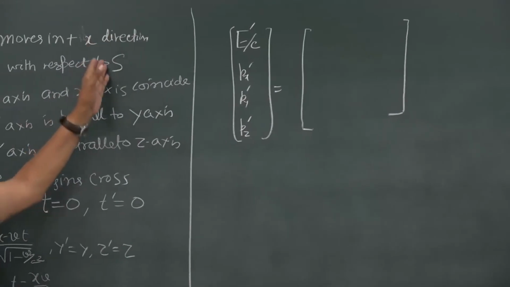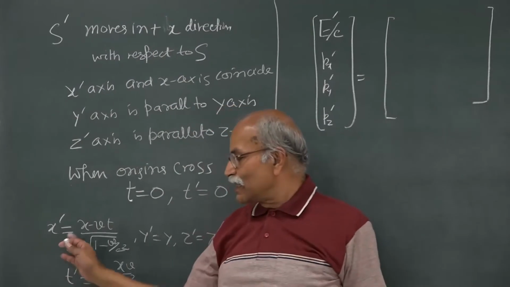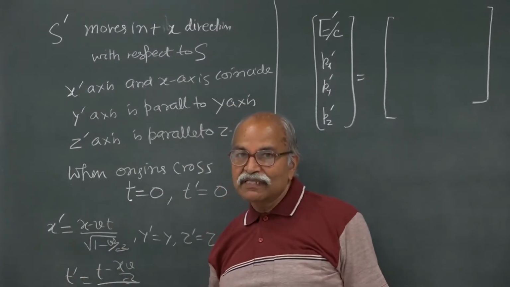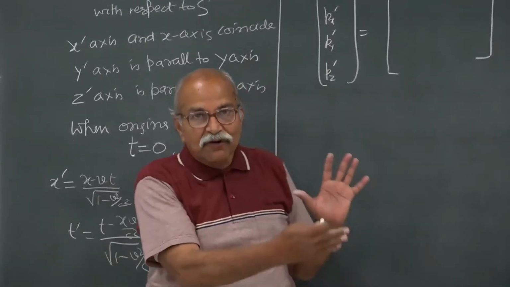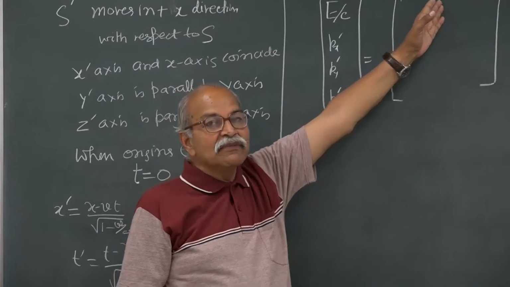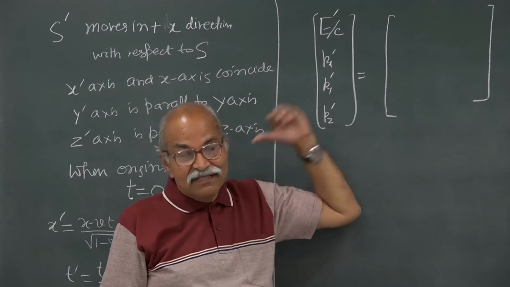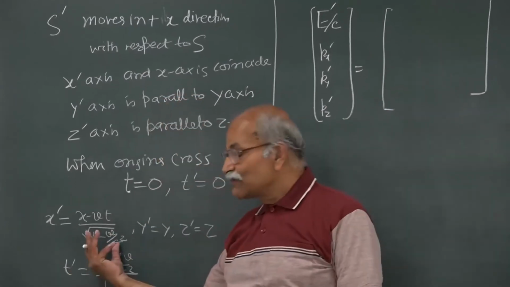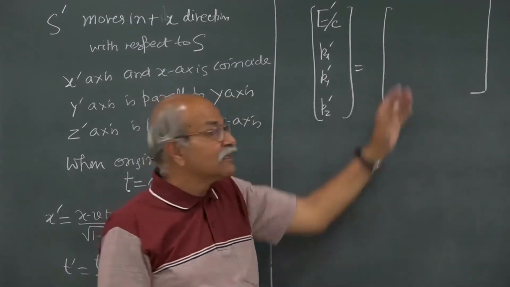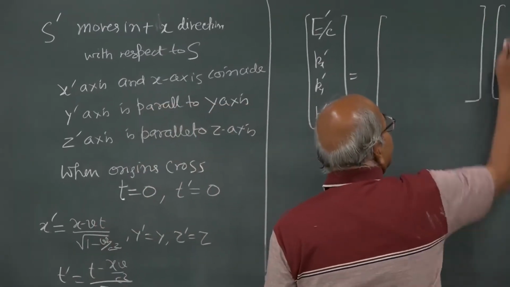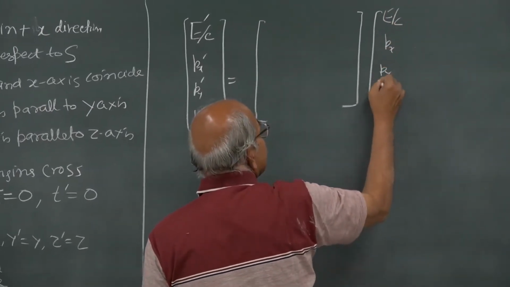If these conditions are fine, then I know what the transformation matrix is. Just coming from here, I know what the Lorentz transformation equations are, and then I can write this in a tabular form, and you have gamma, minus beta gamma, 0, 0, that matrix. If it is not, this matrix will be different, these equations will be different, and then you will have this E by c, Px, Py, Pz.